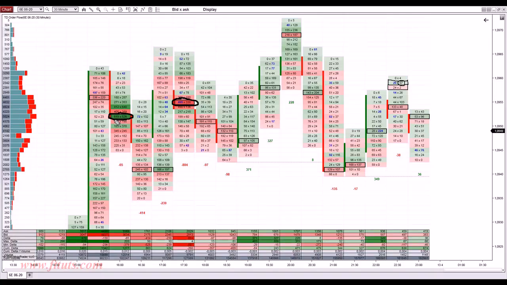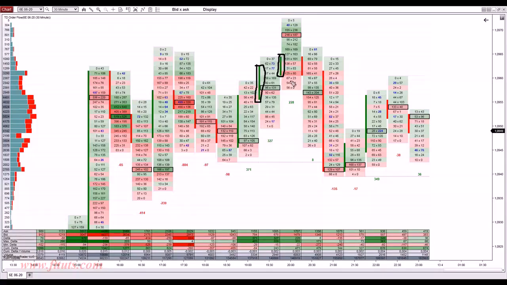You can see that, right? 519 at the bid side and 526 on the offer. That's quite a lot if you compare it to the rest of the numbers in the candle. So the rule is, the lighter the cell, the lower the volumes, and the darker the cell, the heavier the volumes within the cell.